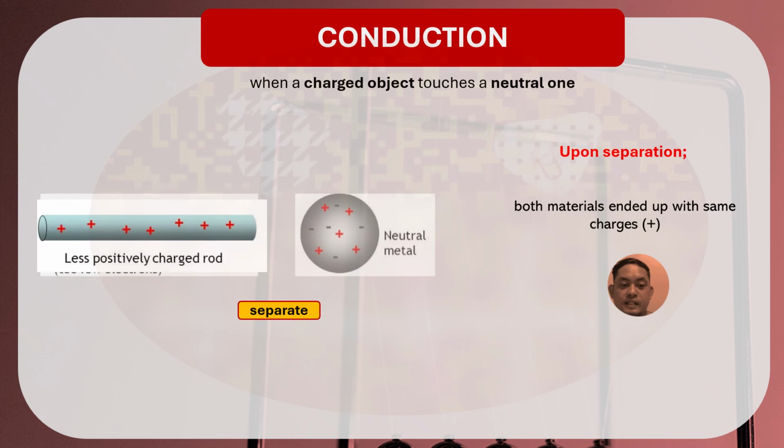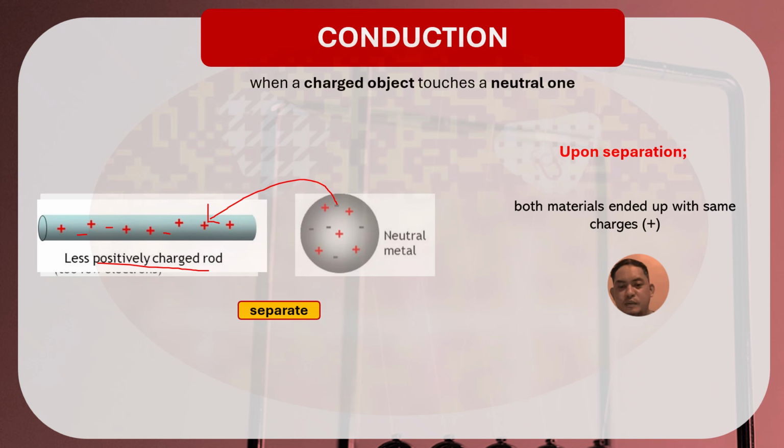The rod is now less positively charged because there were additional electrons from the neutral metal going to our positively charged rod. So it is still a positively charged rod, but lesser compared to the initial rod that we have.